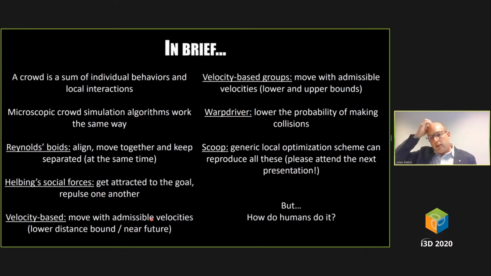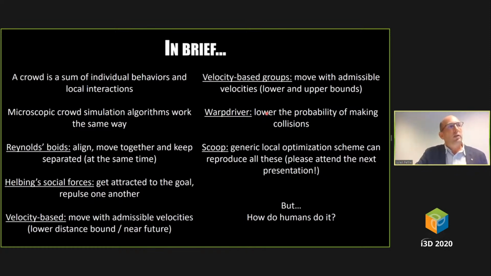Okay, then the question is maybe if this has nothing to do with how humans do, apart from the fact that there is a general agreement that humans behave individually in a crowd. Is any of this rule sort of realistic compared to what humans do?